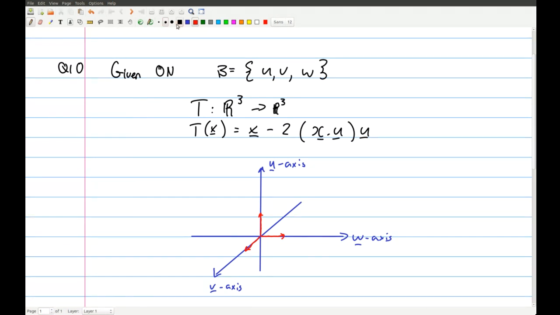Now, what is this transformation? If you have some x over here, x dot u in the direction of u is this vector here, otherwise known as the projection.